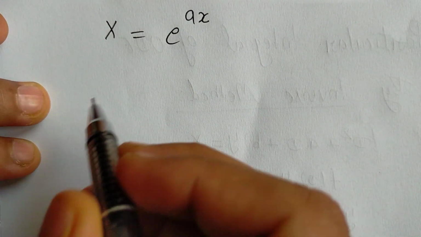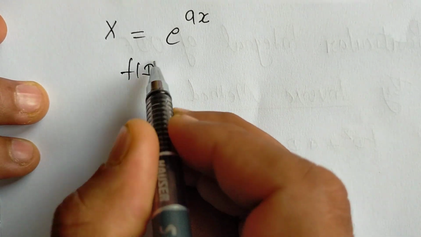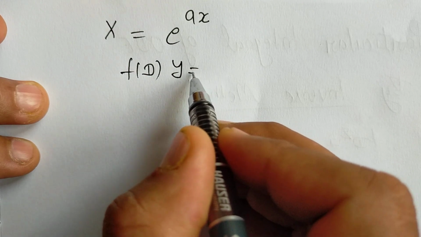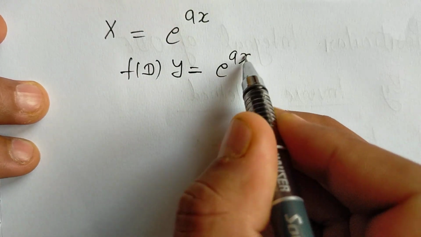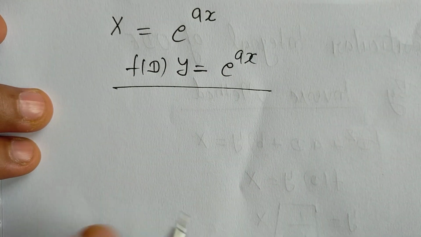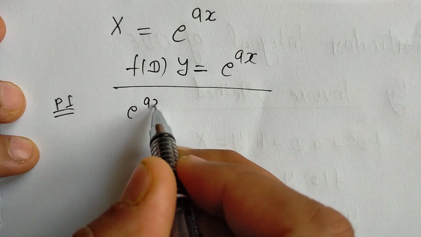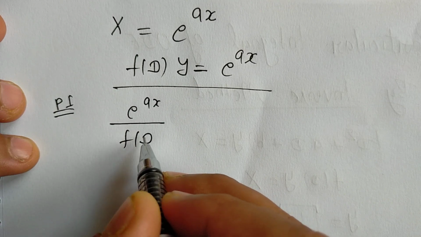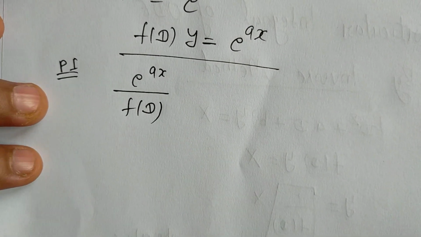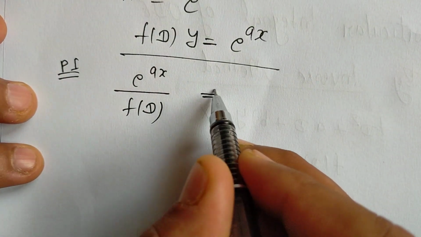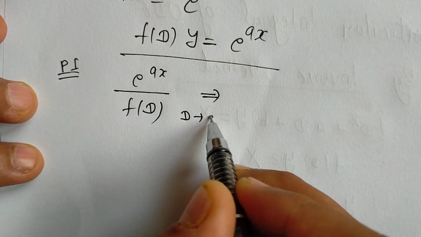So we can have f of D y equal to e power ax, this type of function. Your particular integral will be e power ax by f of D. So this we can solve by replacing D by a.